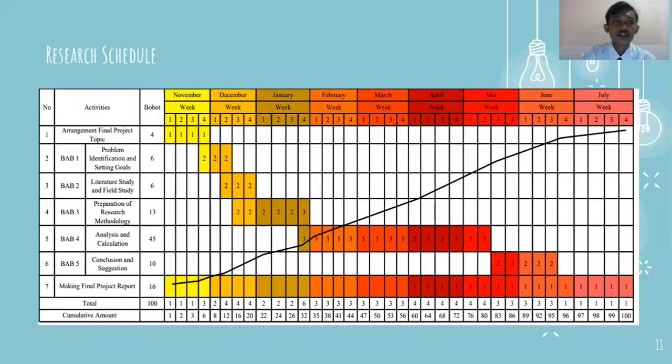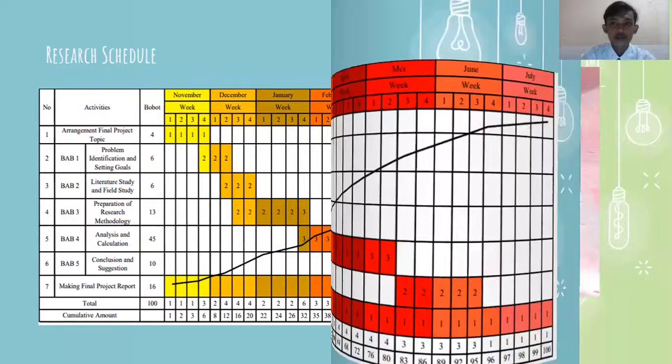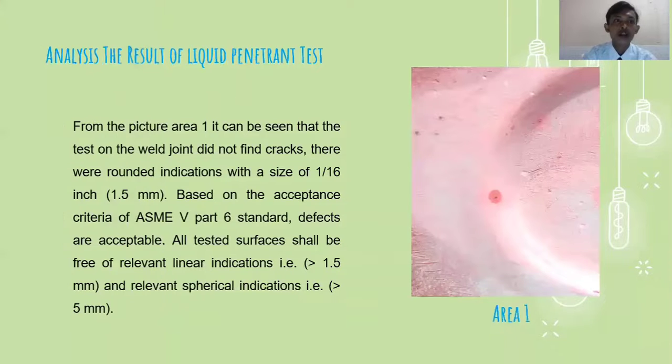This is the result schedule. The next, analyzing the result of the liquid penetrant test. From the picture of area 1, it can be seen that the test on the weld joint did not show cracks. There was a rounded indication with a size of 1.5 millimeter.